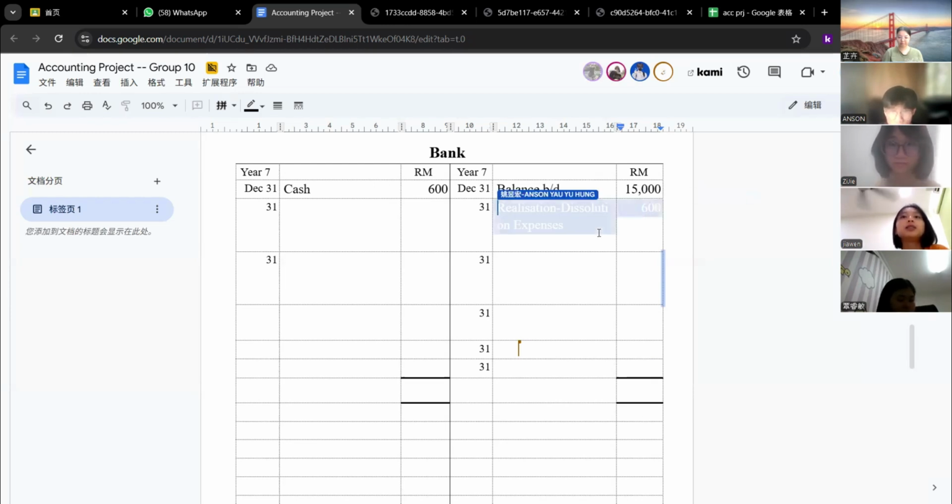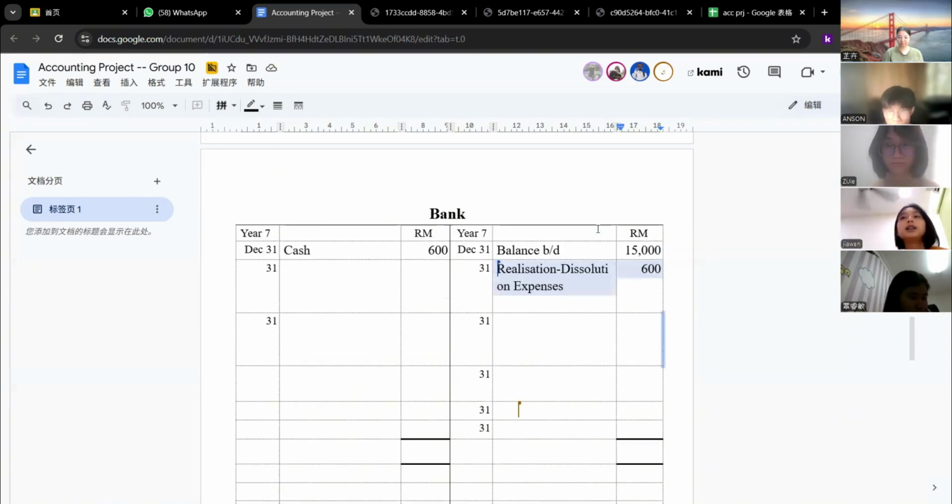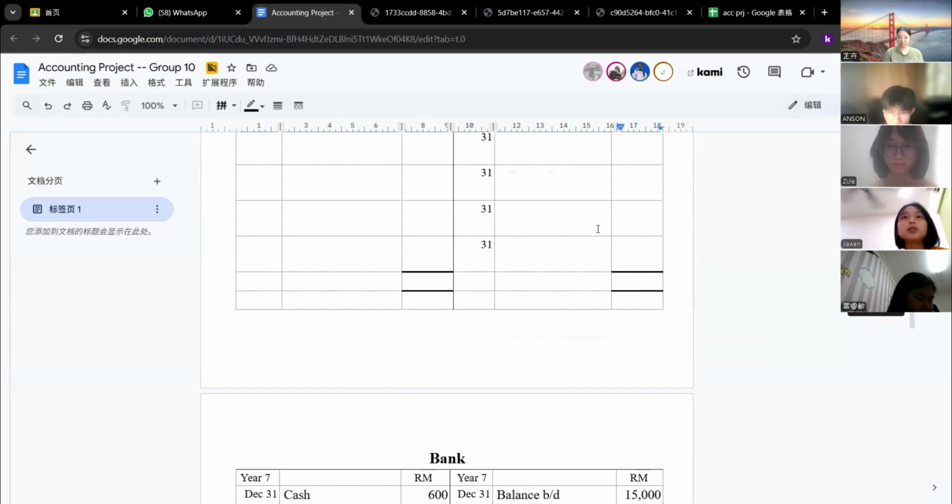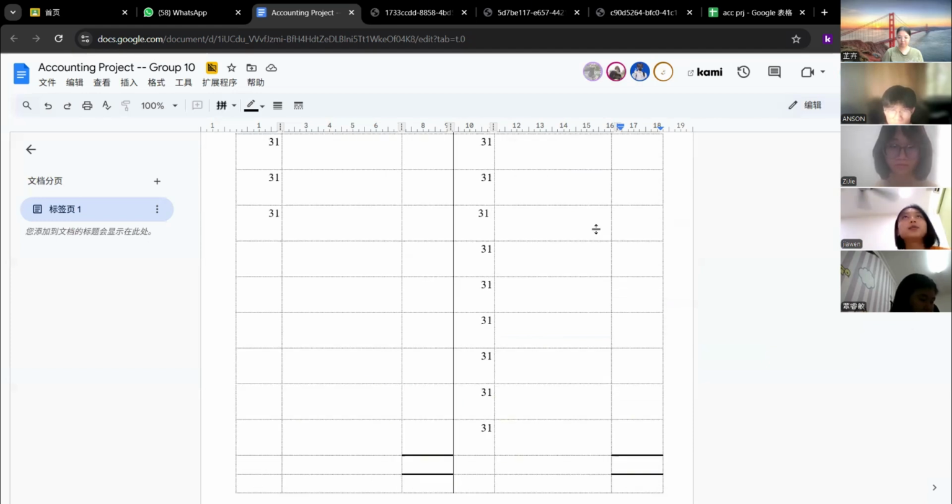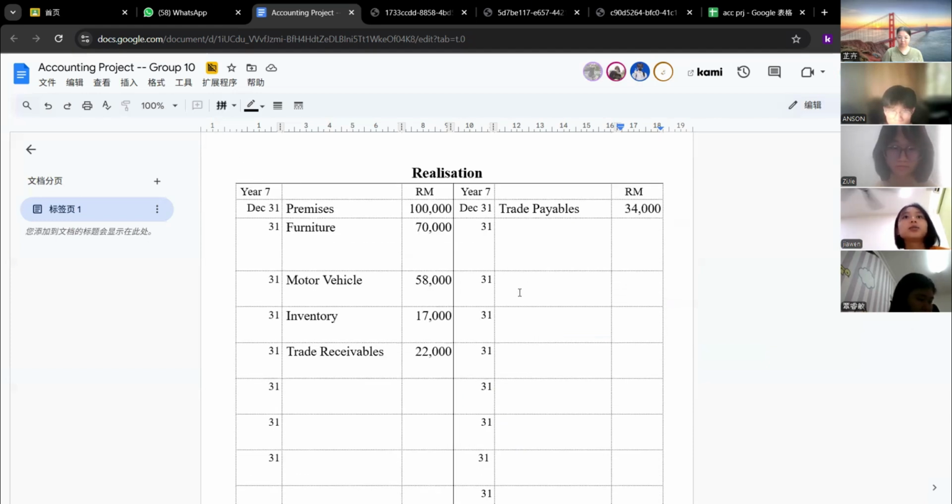And in particular, we need to write realization, dissolution expenses, and we need to double entry it to our realization account, and in particular we need to write bank, dissolution expenses.